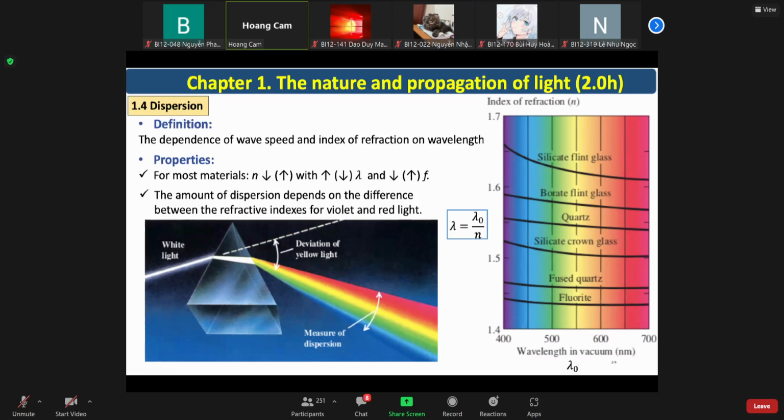And the dispersion of the light helps explain some beautiful phenomena, like the first slide I presented with the name of the Cox optics. I also showed you the picture of the rainbow, so we will explain about that. And we have the term spectrum, which is the band of color of the light from the prism.